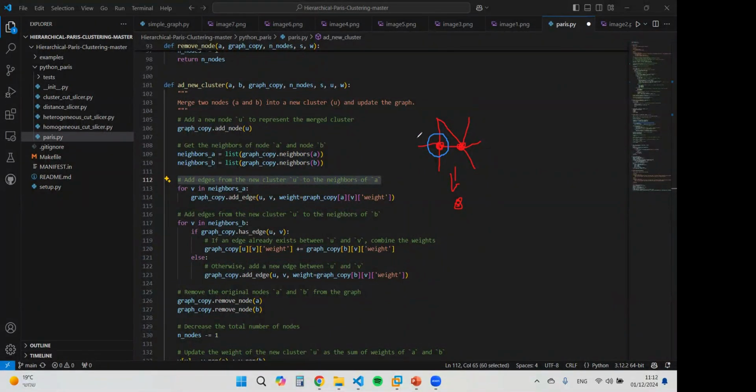Then you add all the edges of B. But what if there is a common neighbor? If you add the common neighbor, you do not actually add an edge to this new vertex. You just add the weight. So this is our way to add up two nodes together.